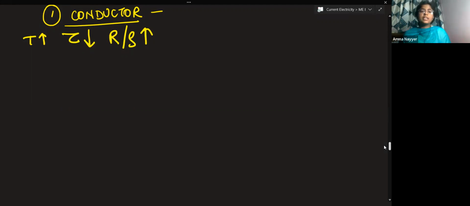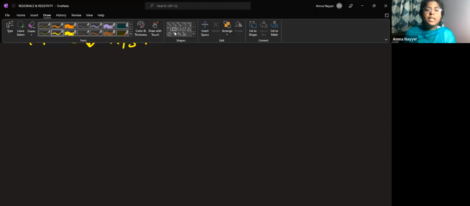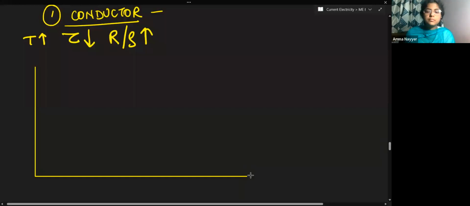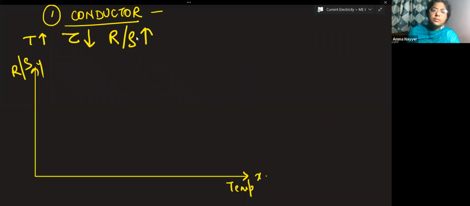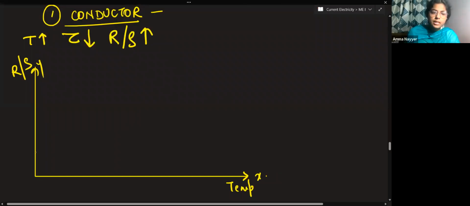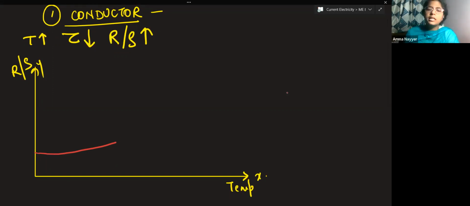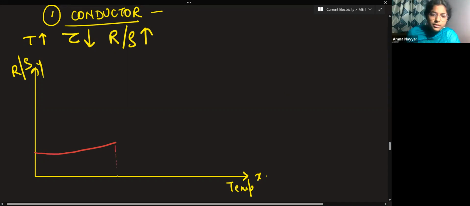So for the graph of a conductor, if you vary the temperature, let's say this is the resistance or resistivity on the y-axis and this is the temperature in Kelvin on the x-axis. Initially the graph is like this, non-linear up to a temperature. That temperature is 273 Kelvin, which we call 0 degrees Celsius.